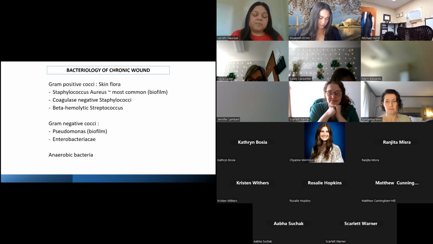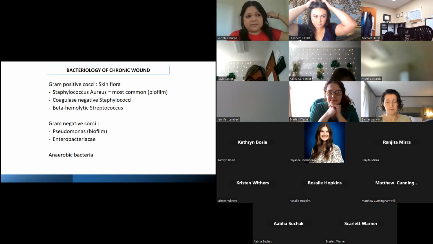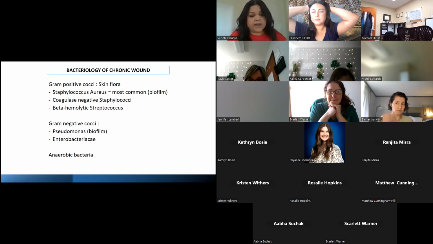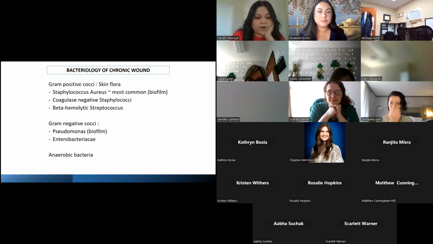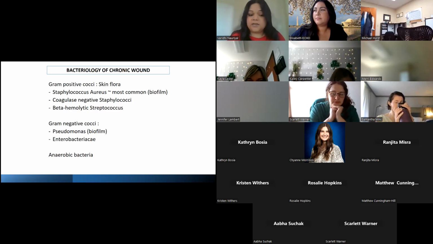When it comes down to gram negatives, while we can see E. coli, Klebsiella, regular Enterobacteriaceae infect wounds because of water and soil contamination, Pseudomonas is something we see when patients have had extensive healthcare exposure or they've had a lot of antibiotic exposure, which selectively leads to pseudomonal growth in these wounds.